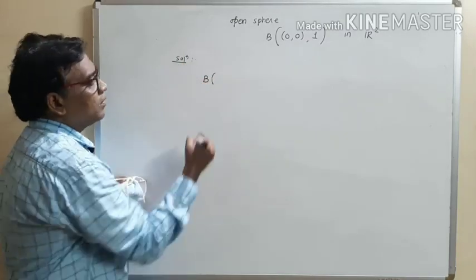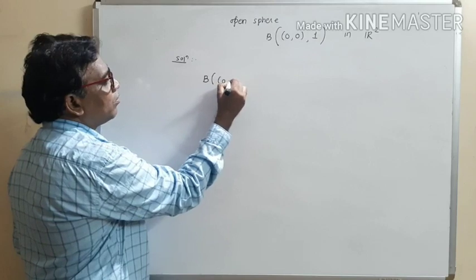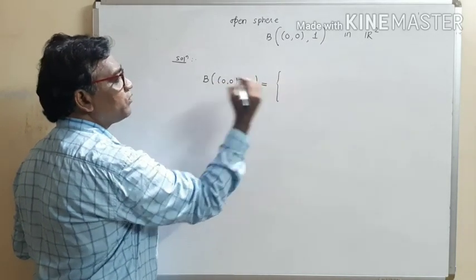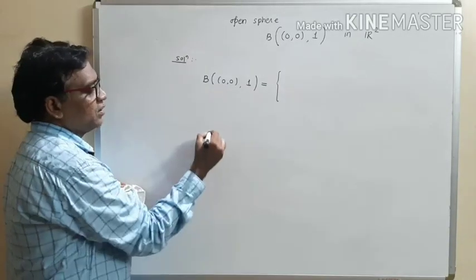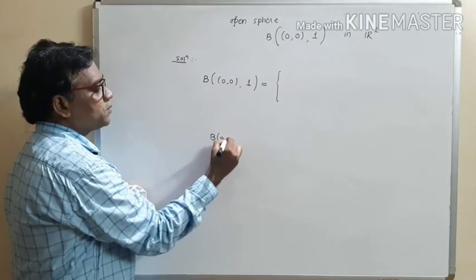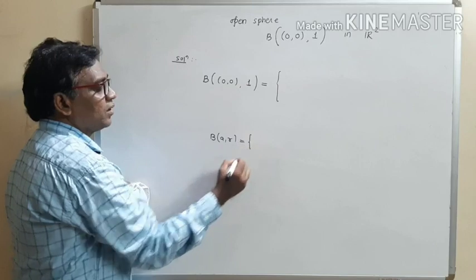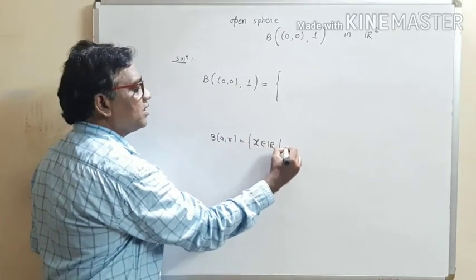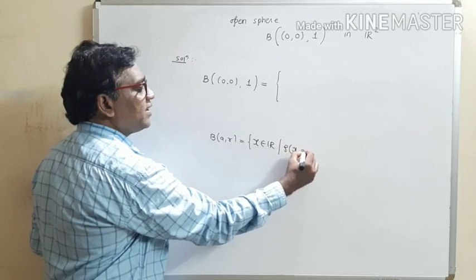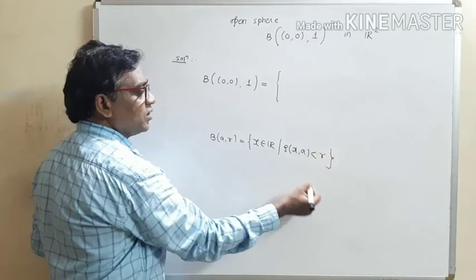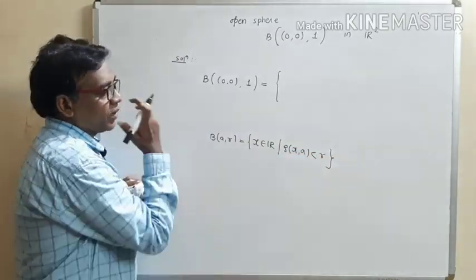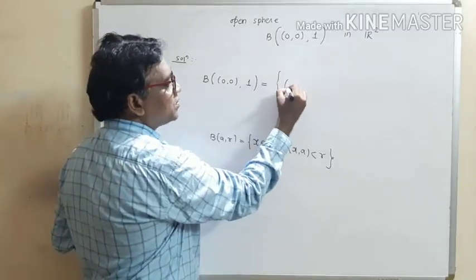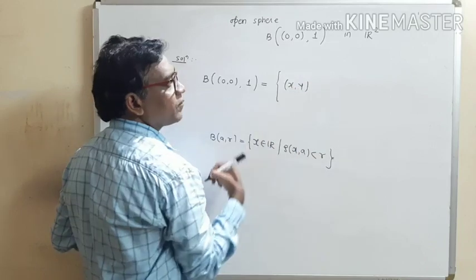Open sphere B with center at 0, 0 and radius 1 is given by the definition. So what is the definition? This is the definition of open sphere or open ball: set of all those elements in the metric space having the condition distance between x and a less than r. So use this definition. Set of all those elements in R2, so we have to take ordered pairs.